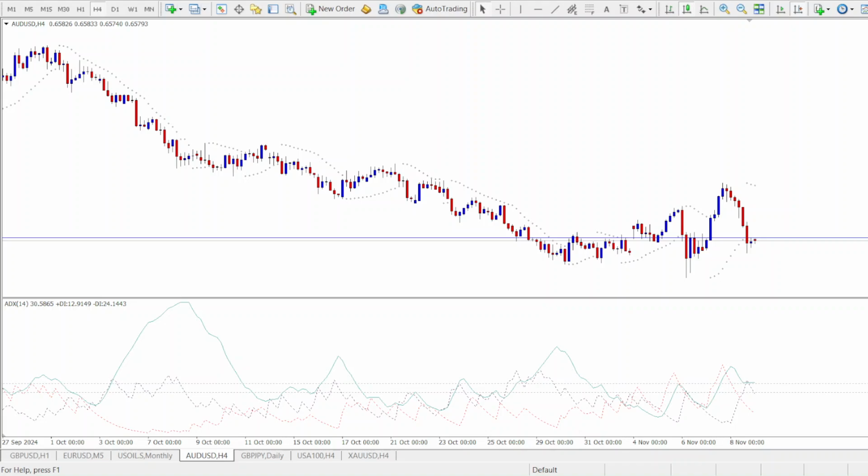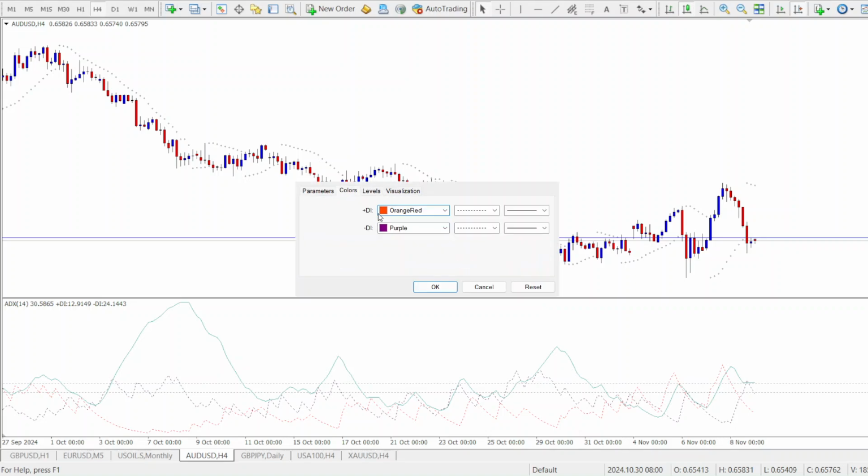Now, the ADX is often used alongside two directional indicators. The two directional indicators are these two dotted, broken lines. We have the plus DI, which is this orange color, and the minus DI, which is this purple color. You can change the colors to suit your own style.